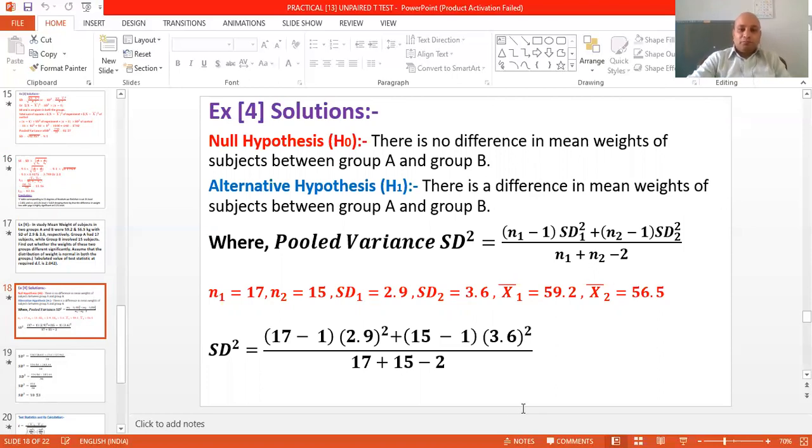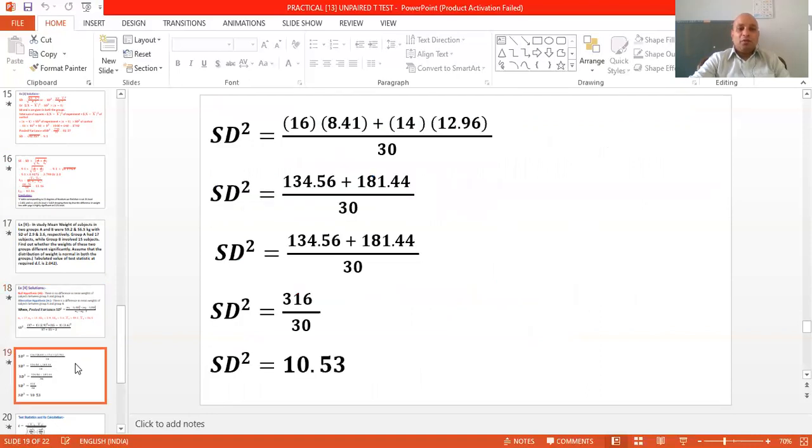In this formula put in the values: n1 is 17, n2 is 15, SD1 is 2.9, SD2 is 3.6, x bar 1 is 59.2, x bar 2 is 56.5. Then SD square is 10.53.